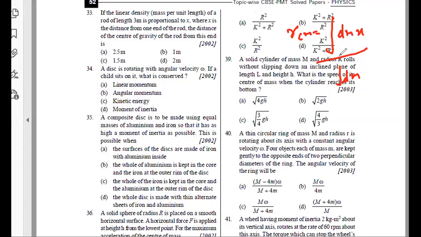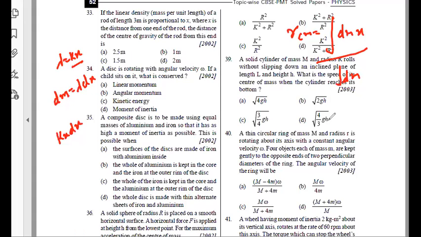Yeah. So this is the basic definition, basic formula for continuous mass distribution. Yes or no? Now we know that lambda is given by kx because it is directly proportional to x. So dm is equal to lambda into dx, which is kx into dx, right?